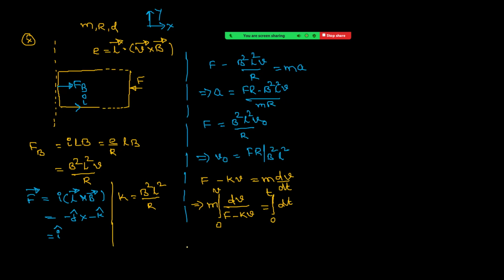Then we get m by minus k for the remaining part ln (F minus kv). Now take limits on F minus kv, lower limit by F, because log a minus log b is log a by b. That is equal to t.